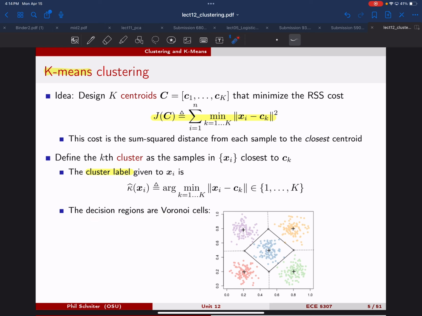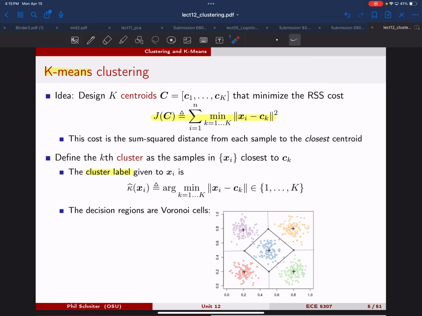If the pluses tell us where the centroids are, then everything in this region here will be closest to that centroid. So any sample in there or any test sample would be categorized as belonging to that centroid. And similarly, anything over here would be categorized as belonging to that centroid, and so on.